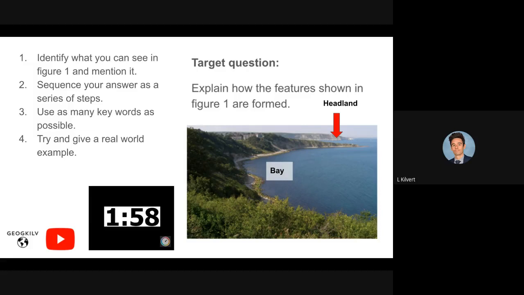Okay, just to give you a time check, there's 2 minutes left. If you've already answered your question, rather than fast forwarding the video, have a read back through your answer and have a look at the criteria of those 4 steps on the left-hand side.